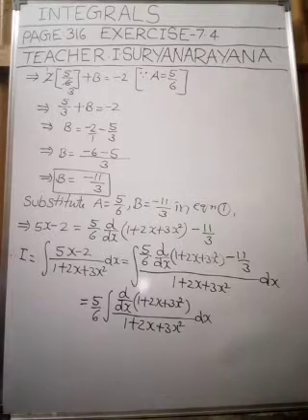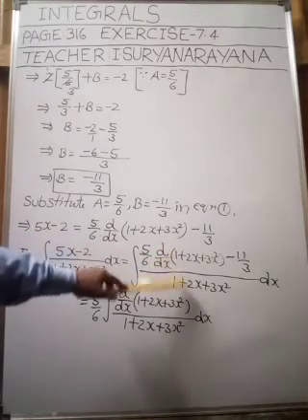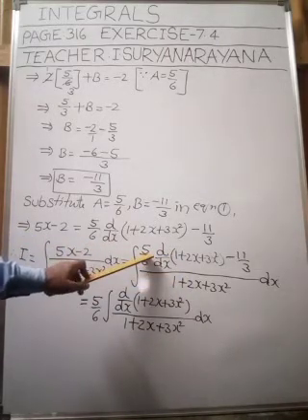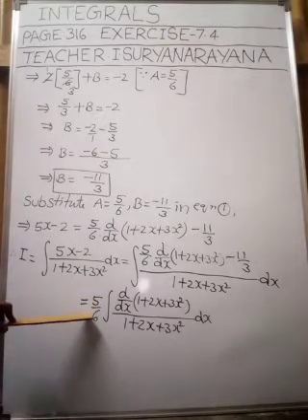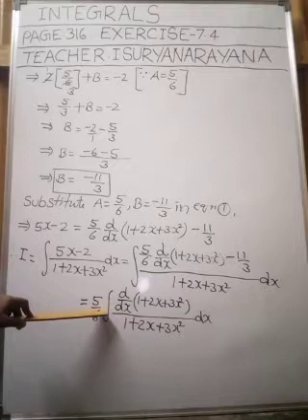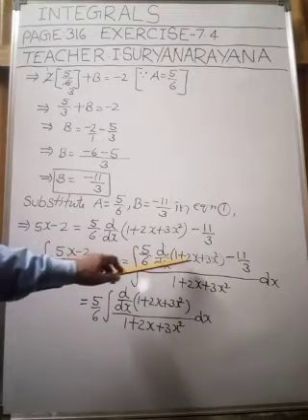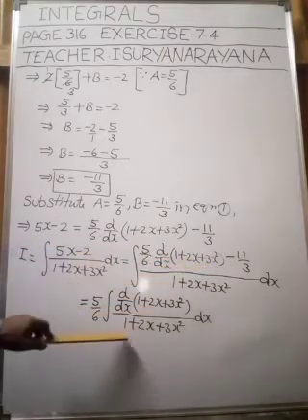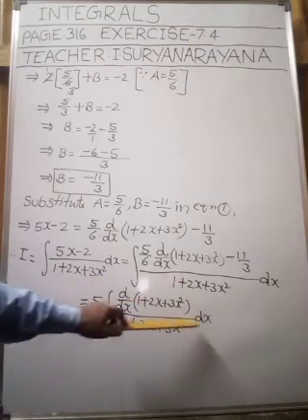Okay, my children, I wrote this first fraction. 5 by 6 is a numerical coefficient, so I wrote 5 by 6 numerical coefficient before the integral sign. Then I wrote the remaining part, integral d by dx of 1 plus 2x plus 3x square by 1 plus 2x plus 3x square dx.